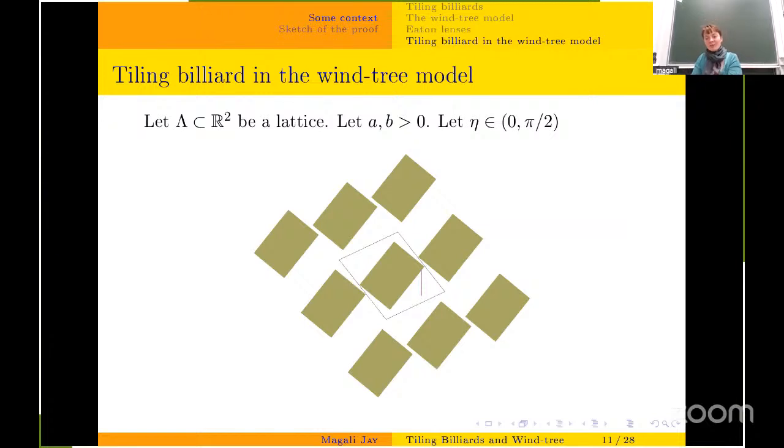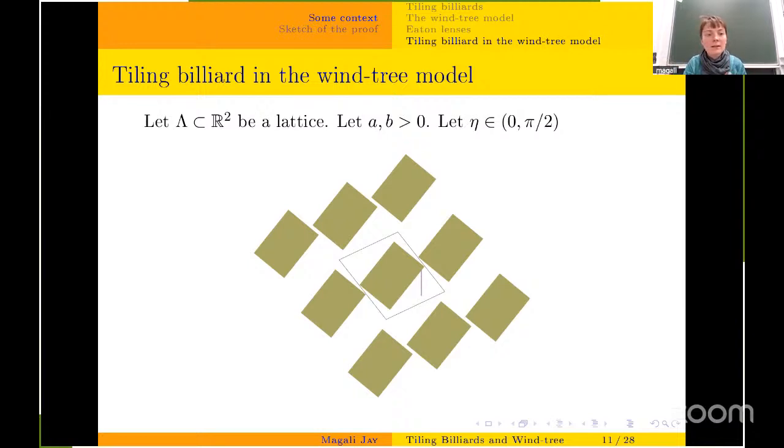Okay, and now the tiling billiard in the Wintry model. So I'm coming back to the rule of refraction of the tiling billiard. And as in the Wintry model or the Eaton lenses, I'm taking a lattice in the plane and I'm arranging obstacles in the plane.